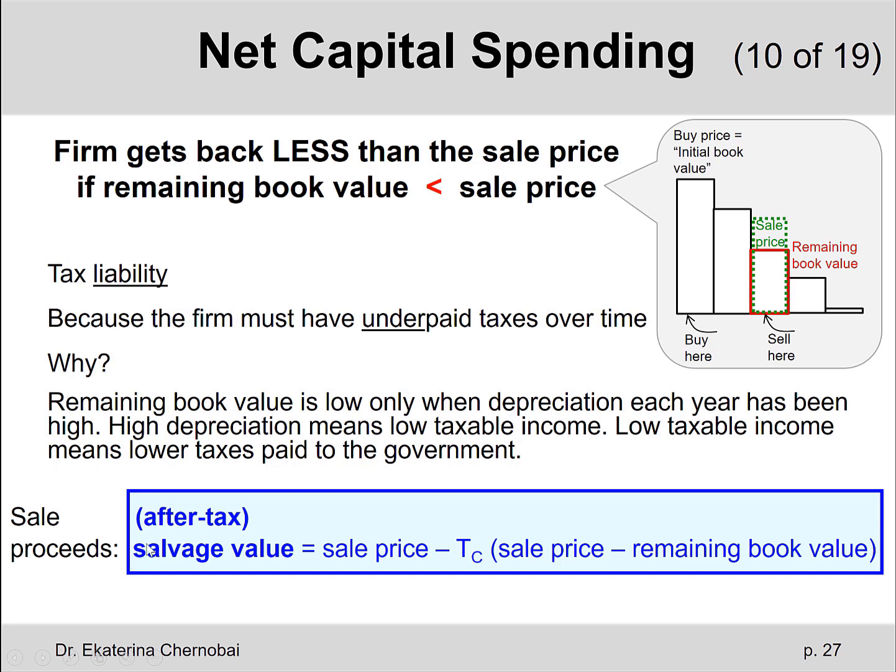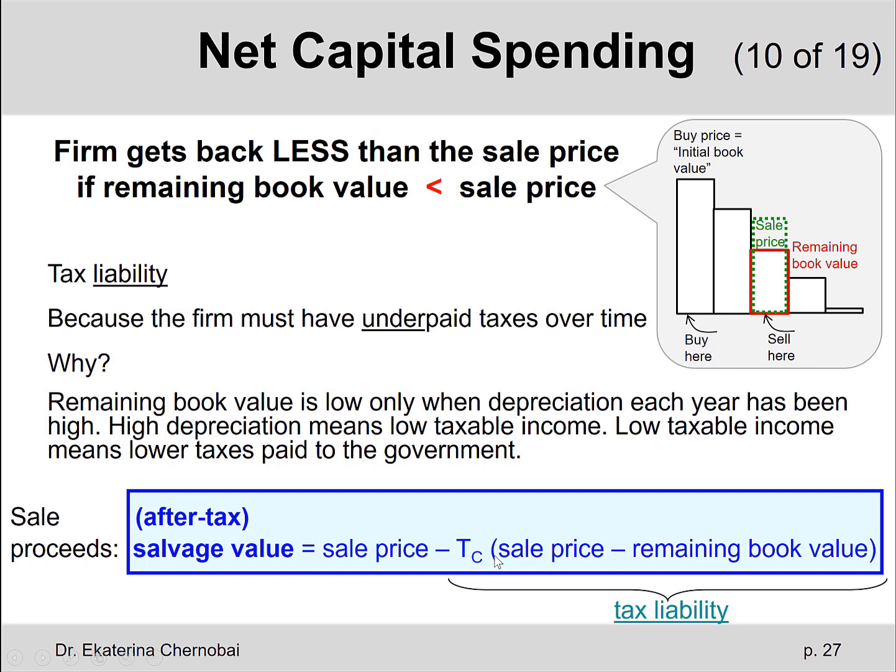The formula that we will use to calculate the sale proceeds or the after-tax salvage value that considers this tax liability is actually very similar to what we had for the opposite case with the tax savings. Here, we are going to end up putting less than the sale price in our pocket. And how much less? That's the tax liability.